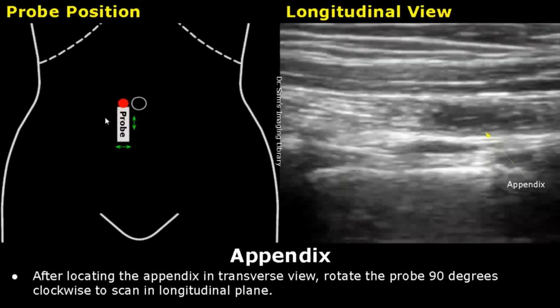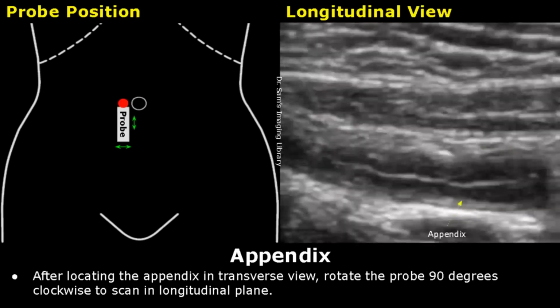This is the image of the appendix in longitudinal plane. This tubular structure is the appendix. Slightly adjust the probe in this area to scan the end of the appendix as well. Here we can see the blind end of the appendix.